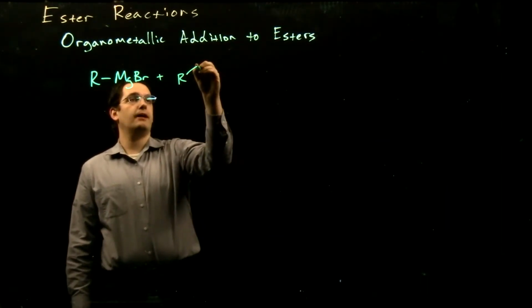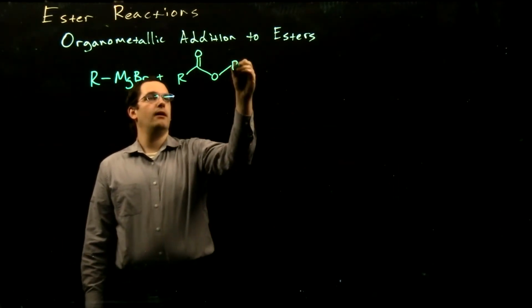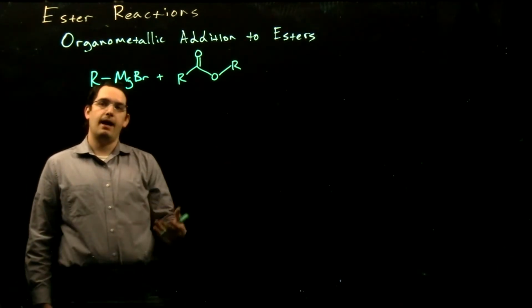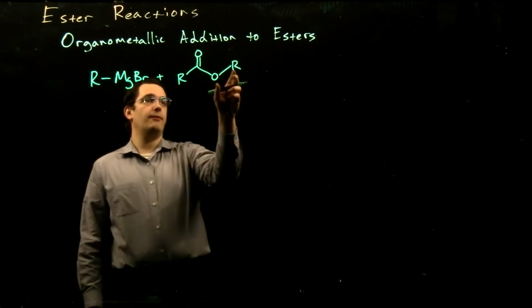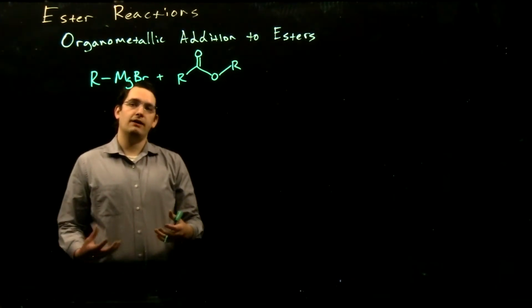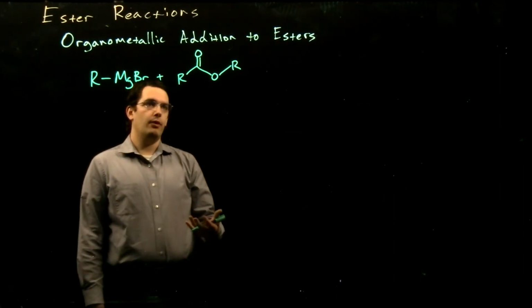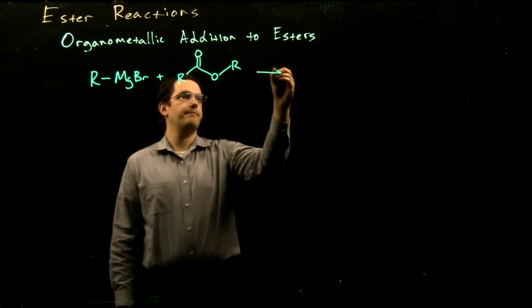Now in this case we're reacting with our ester, and so we still have our carbonyl carbon that's going to be electrophilic that will get attacked by our nucleophile. But the difference here, of course, is that we have our alkoxy group here that can actually act as a leaving group with our ester that we didn't have with our other carbonyl compounds.